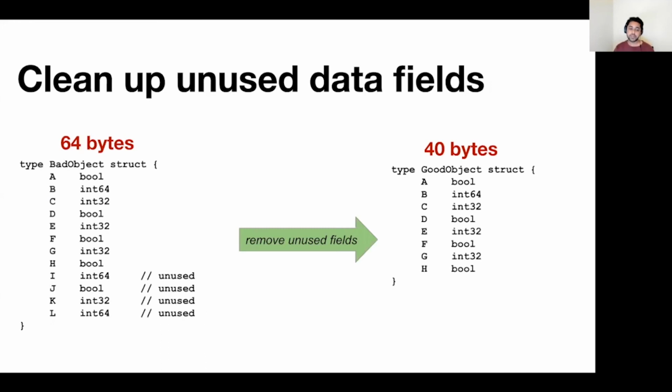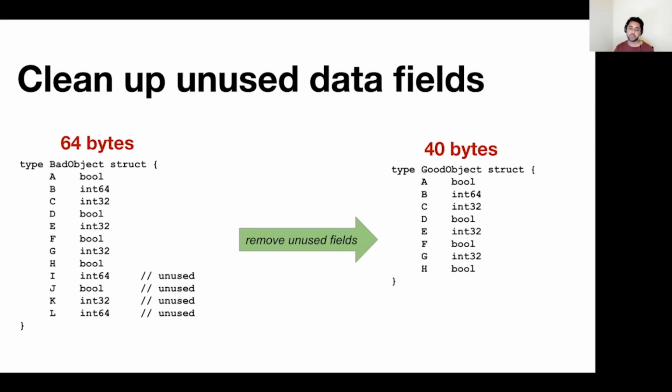Next, it's really important that you make sure to clean up unused data fields. In particular, we have basic types in Go which have default values. For example, a Boolean defaults to false, an integer defaults to 0, etc. So if you do have unused fields in your data structures of these types, they are still consuming memory. An unused field is one that is just no longer being read, no longer being used to serve any requests, or not being logged offline.